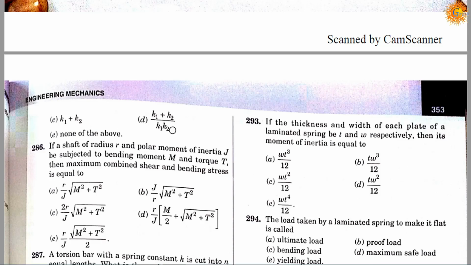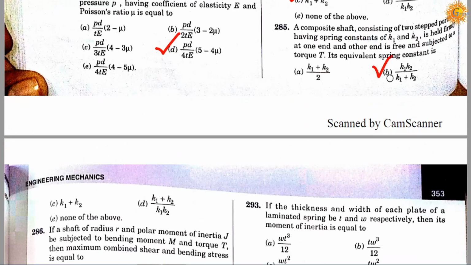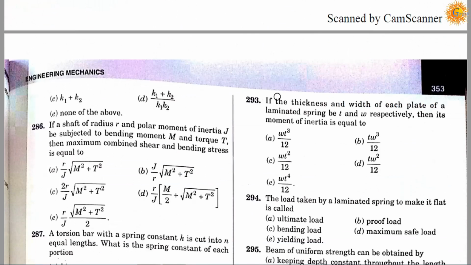Correct answer is B. It will be K1 K2 divided by (K1 plus K2).